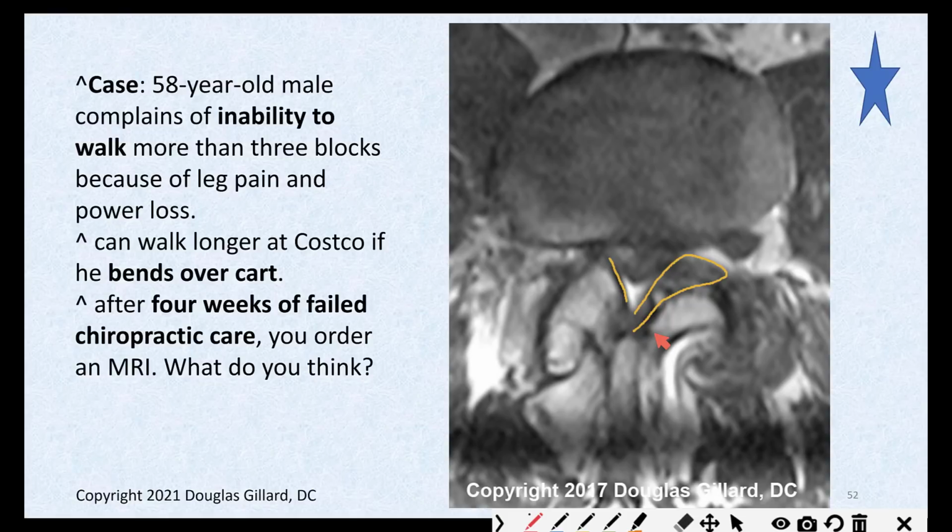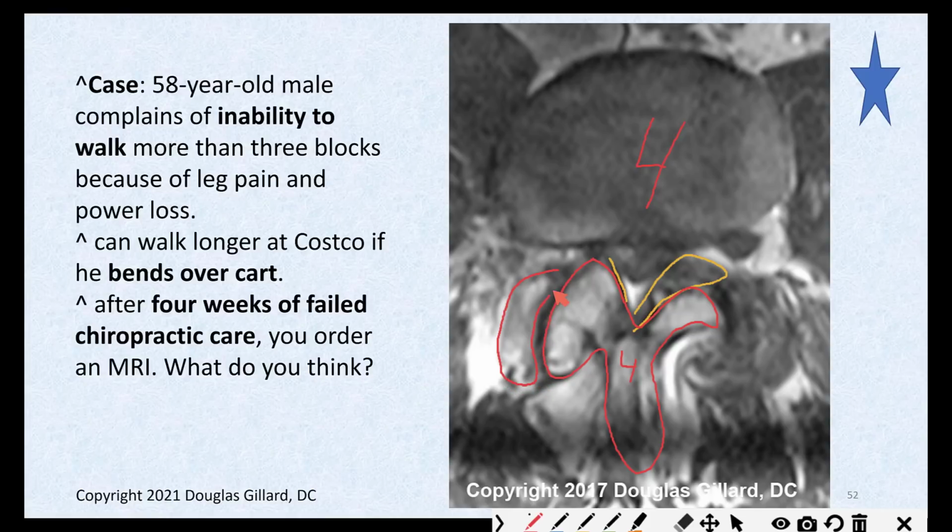The point of this image, though, is to show you the whole posterior arch. There's the spinous process. I'll just draw the arch here. If this is L4, this is all L4 property. This is L5 property.